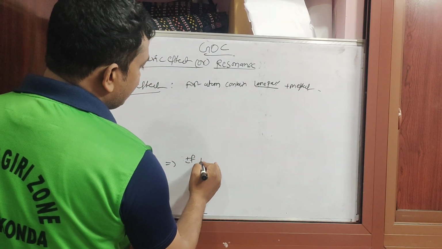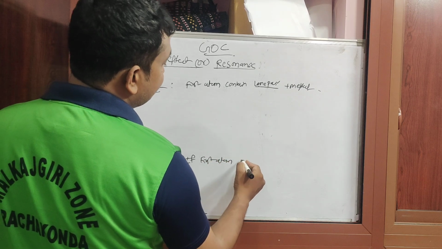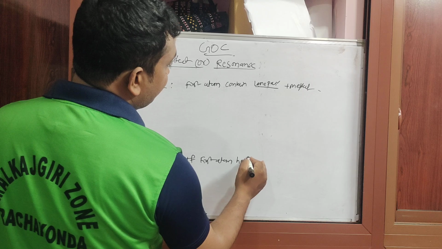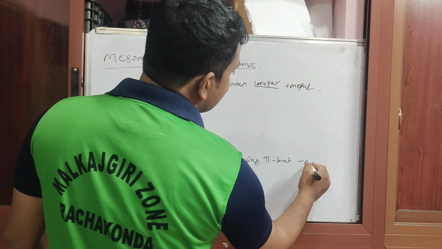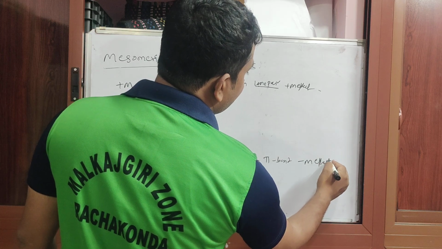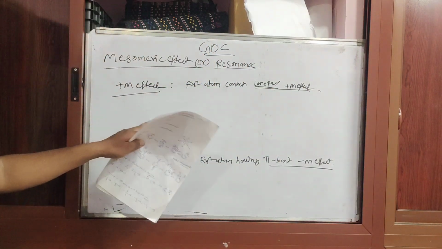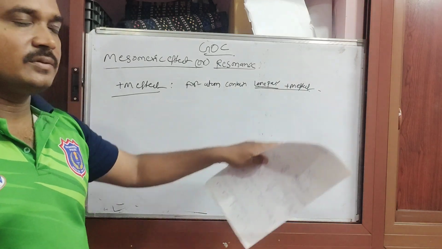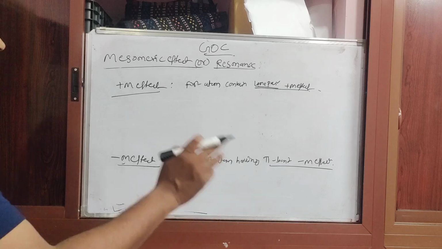If the first atom has a pi bond, this is minus M effect. First atom having lone pair, that is plus M effect. First atom having pi bond, that is minus M effect.